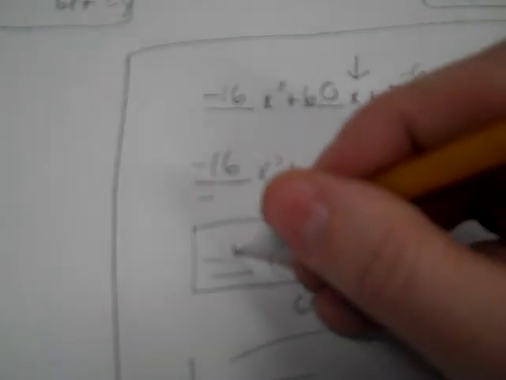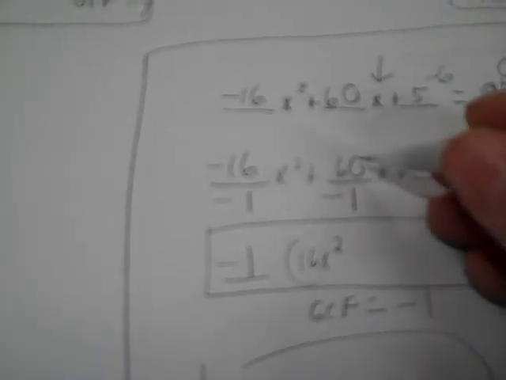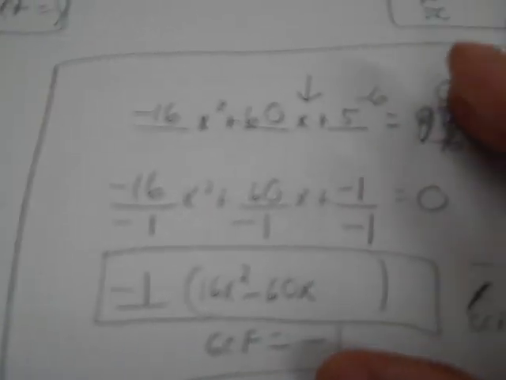If it did, I'd be putting x there with my negative. And then GCF, you're 16, 60, and 1, but I think if 1's one of the numbers, it's just 1, okay? But it is negative 1, so we actually go through with the process. So negative divided by negative is positive 16x squared. Positive divided by negative is a negative 60x. Then a negative 1 divided by a negative 1 is positive 1.